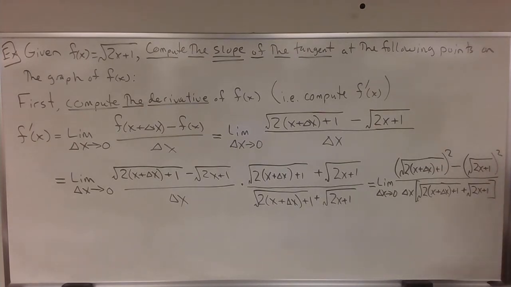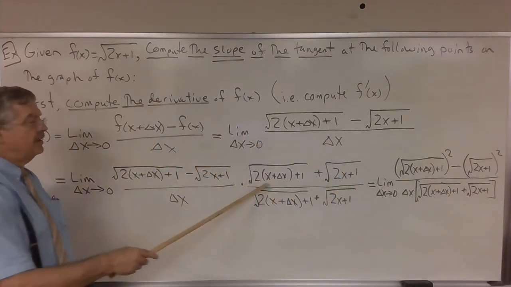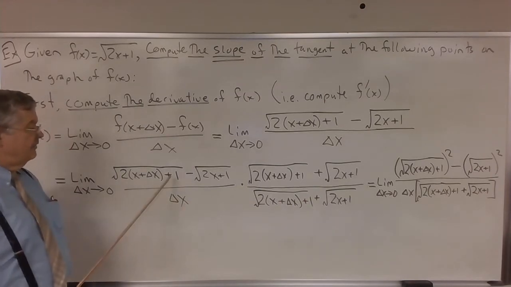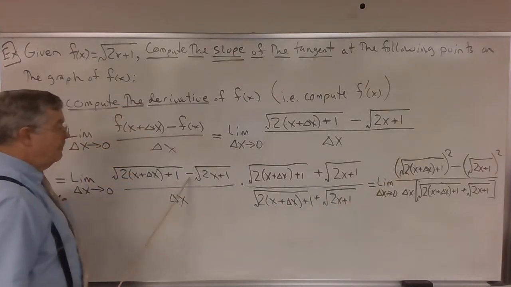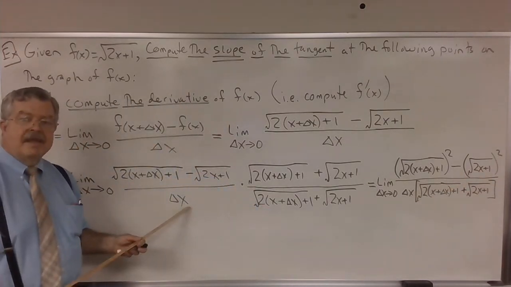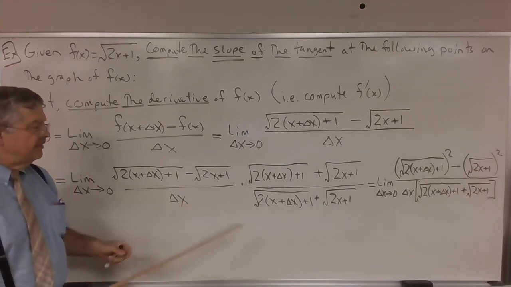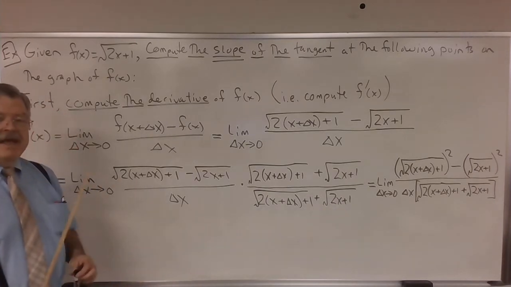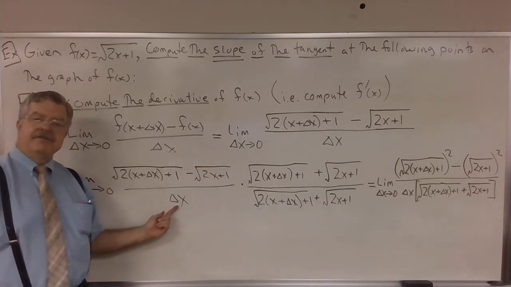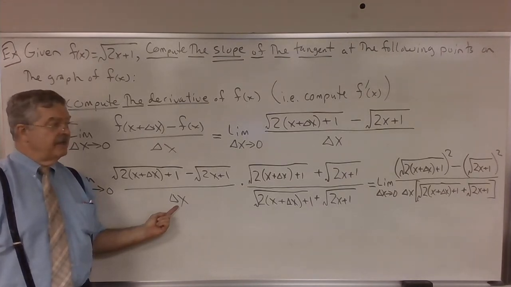Now in the bottom, I did something curiously interesting. Notice in the top, I multiplied all of this out, and when I did, I got the first thing squared minus the second thing squared. And on the bottom, I didn't multiply anything out. I didn't distribute this delta x to these two terms. And the reason is, I'm pretty sure that this is the factor that I want to cancel from the denominator.